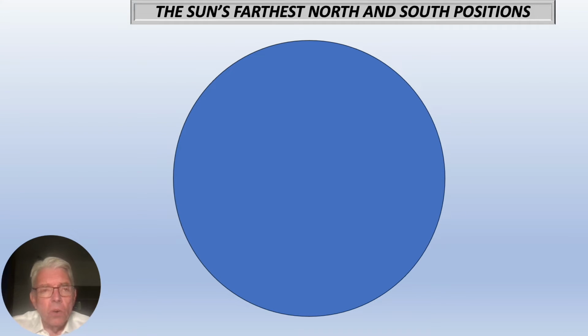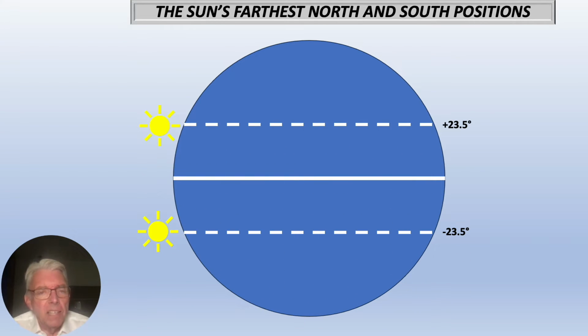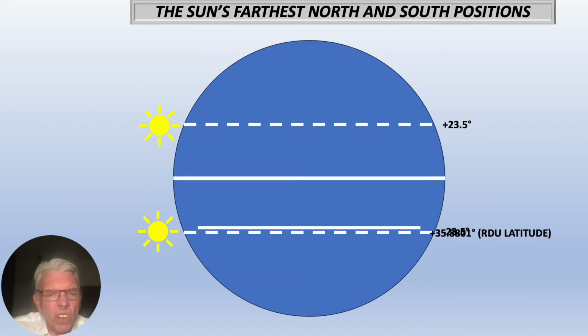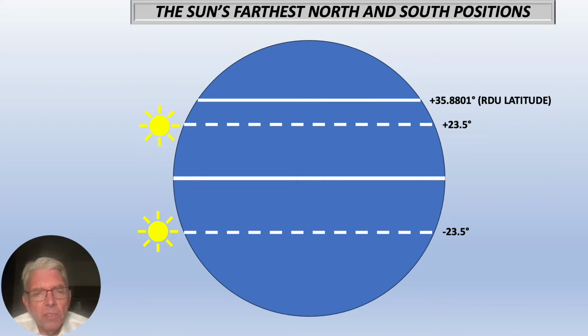Okay, so here are the sun's farthest north and south positions. There is the equator. And again, it gets as far north as 23.5 north in the summertime, June 21st, and minus 23.5 on December 21st. And we are sitting at 35.8801. So the sun never gets directly overhead at RDU, but it comes within about 12 or 13 degrees of doing that.